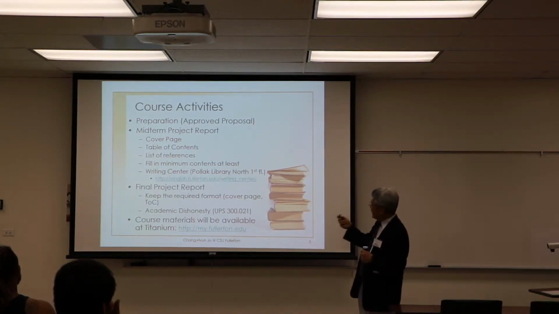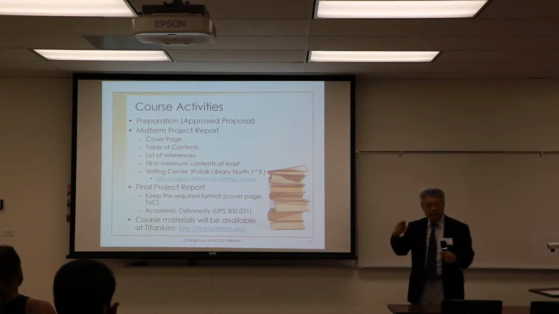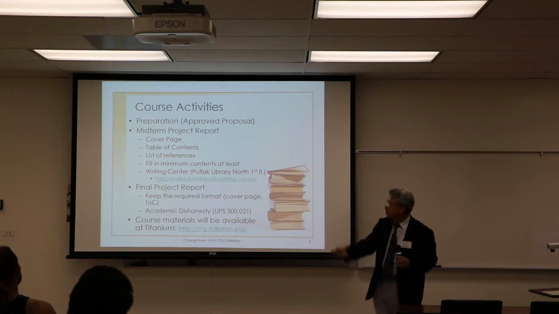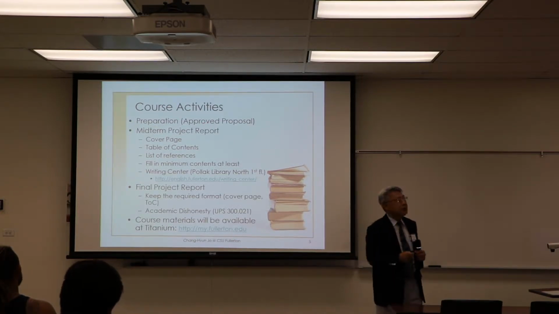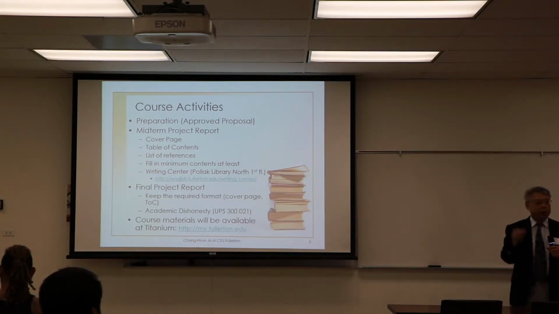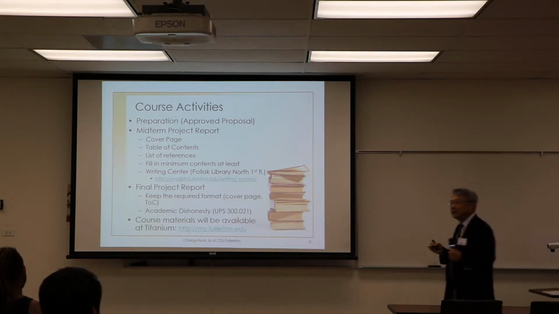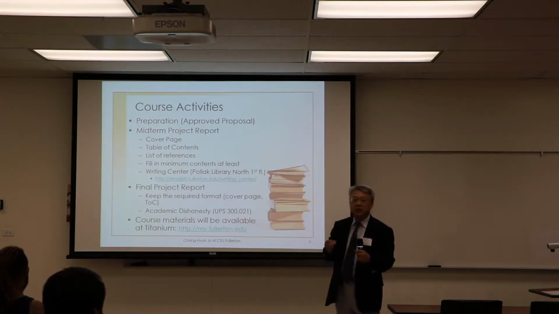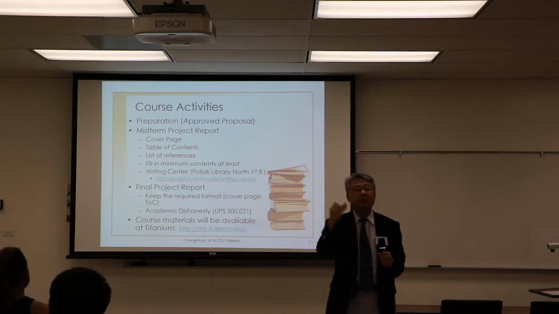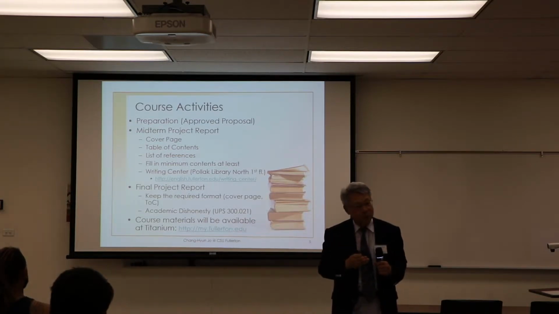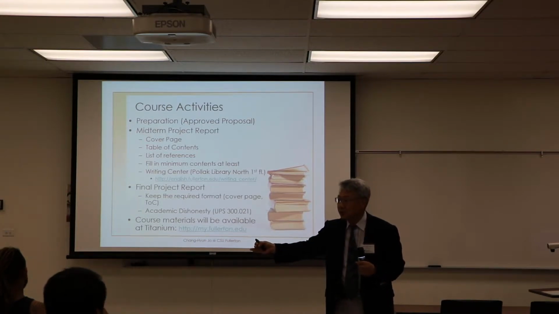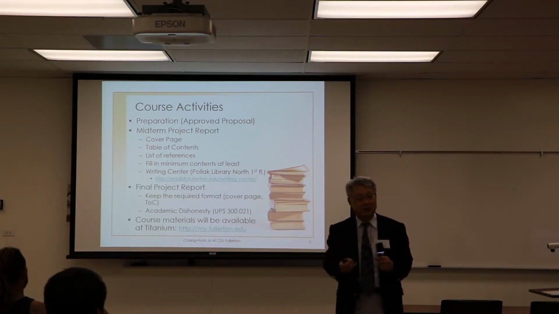So course activities for this second project include this. Preparation. You need to find your approved proposal. The work will be graded to find how much you do in your graded project as you promised in the approved proposal. So you should follow what you promised in the proposal you built before.